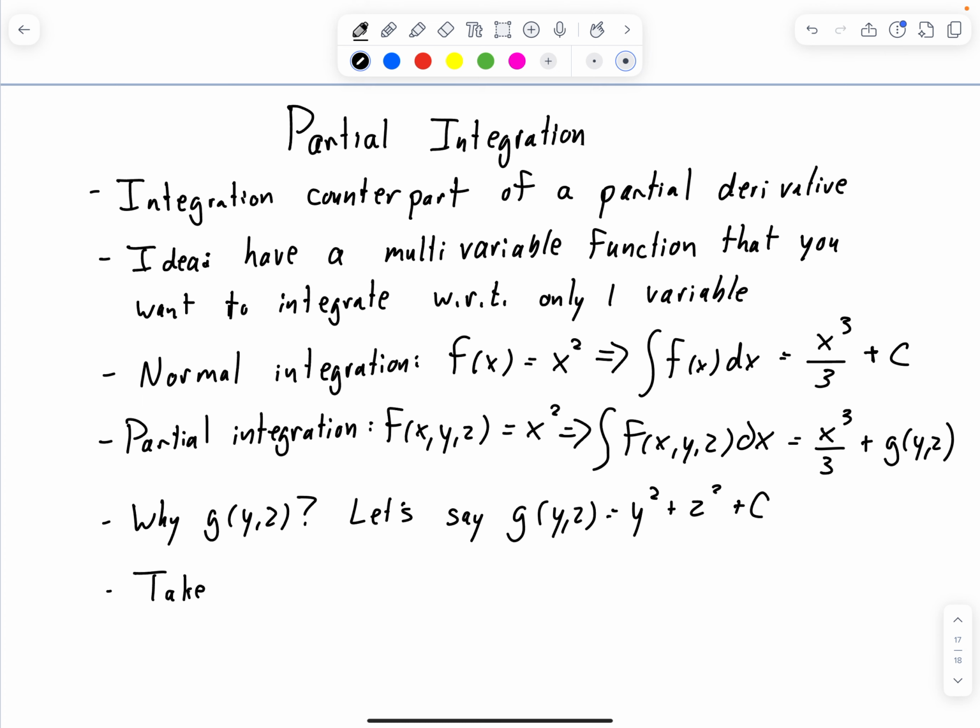So now we have our function f of x, y, and z, and we can take the partial derivative of f of x, y, and z with respect to x.